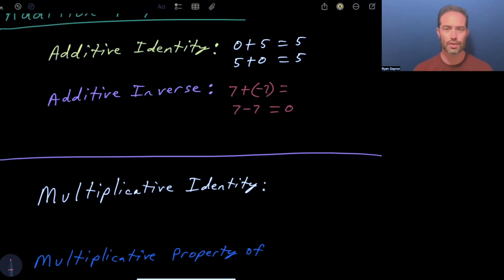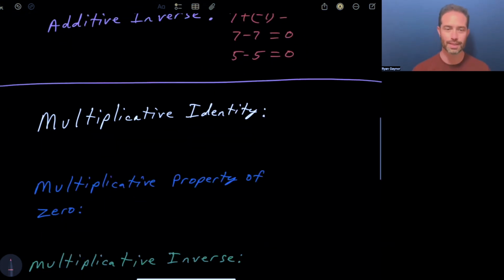Okay? So again, additive inverse, a number and the inverse, right? So the opposite of it added together equals 0. And we could also just simply write it as this: 5 minus 5 equals 0. Okay, so that was additive inverse.